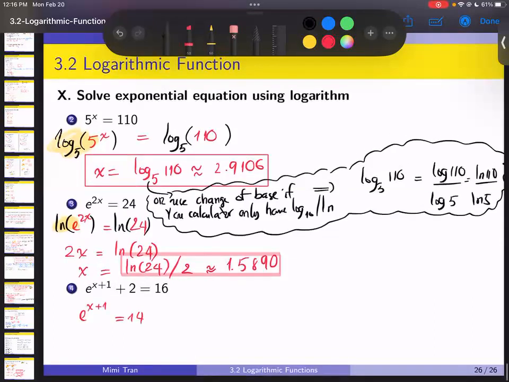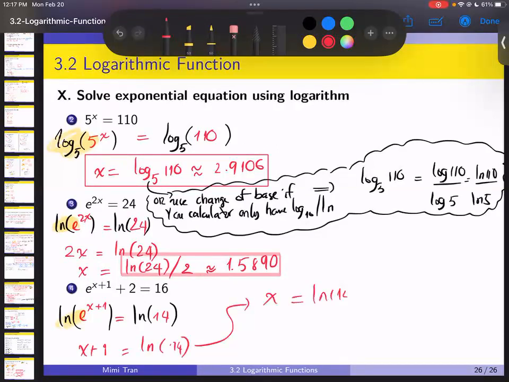And now I can take ln both sides. ln. This one cancels. So I have x plus 1 equals ln of 14. Subtract 1 both sides. x equals ln 14 minus 1.